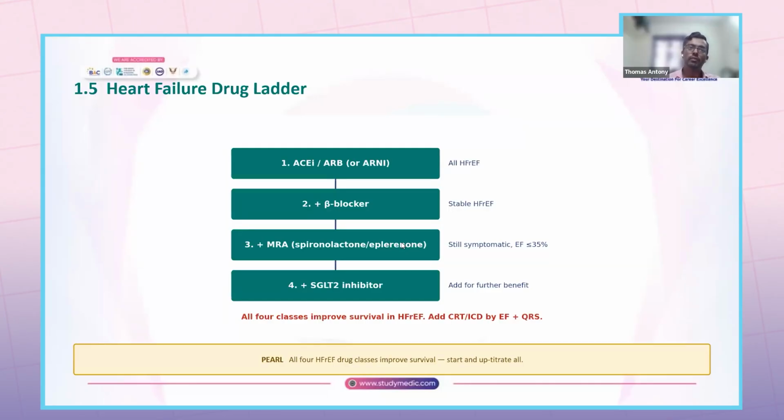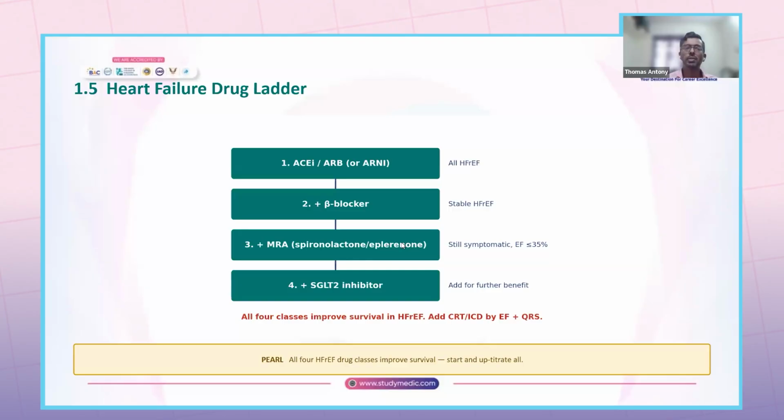If the patient is still symptomatic or the ejection fraction is less than or equal to 35%, you might consider adding spironolactone or eplerenone, the mineralocorticoid antagonists. Then, for further benefit, you can decide on adding SGLT2 inhibitors. So all 4 classes improve survival in heart failure with reduced ejection fraction.